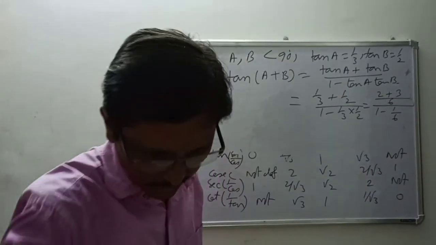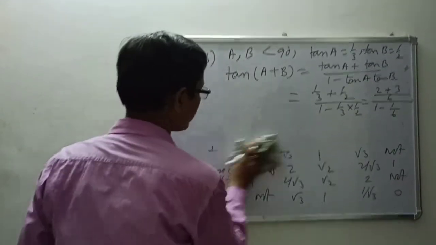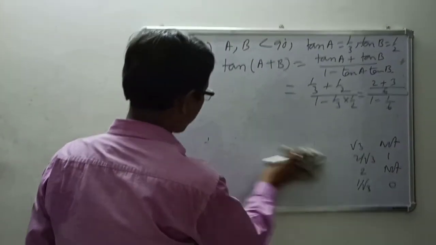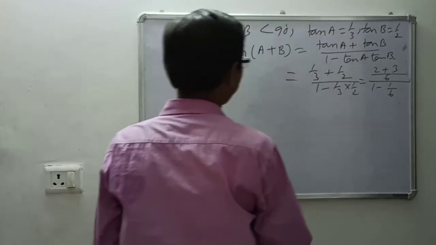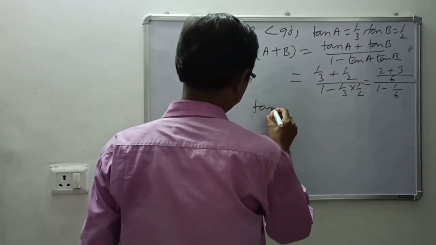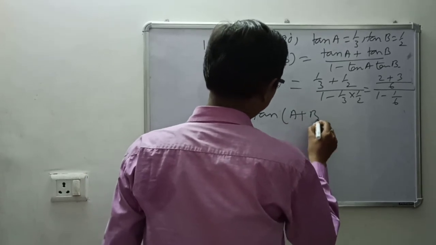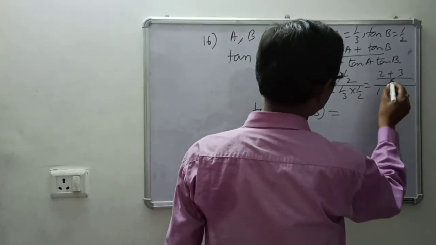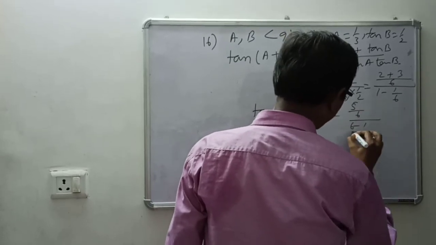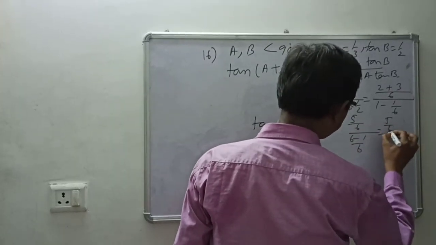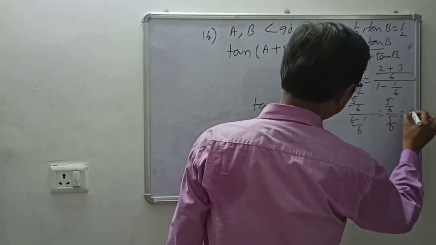So what are you getting? Tan of A plus B equal to 5 by 6 over 6 minus 1 by 6, meaning 5 by 6 over 5 by 6. So it will be 1.